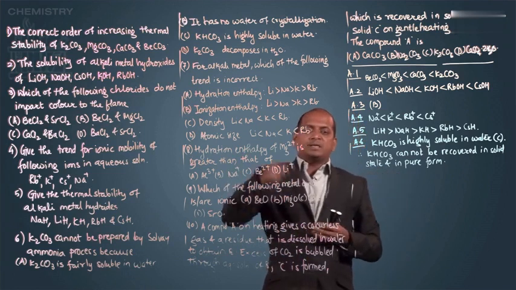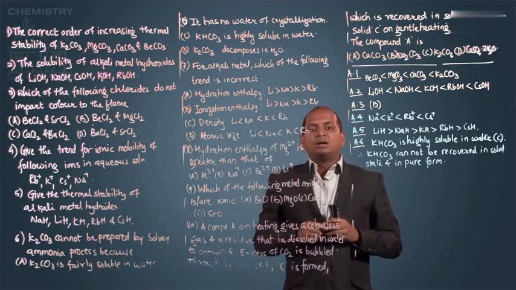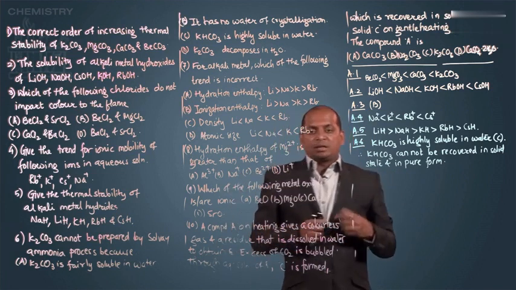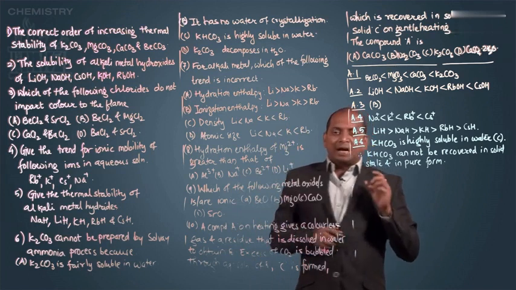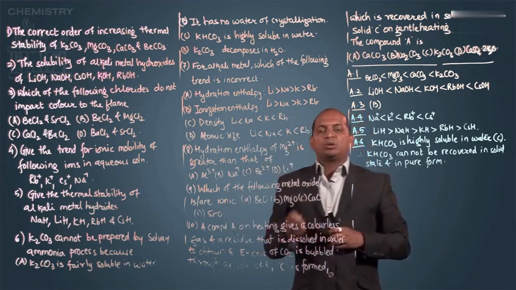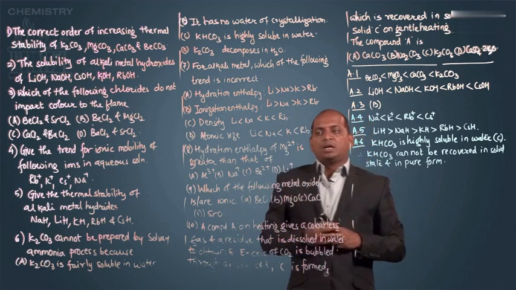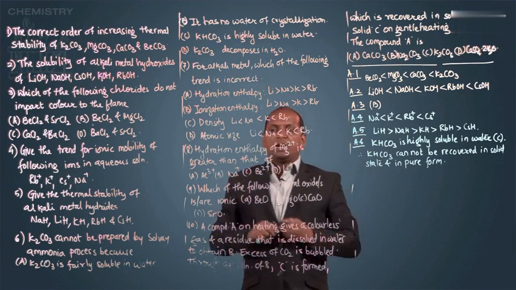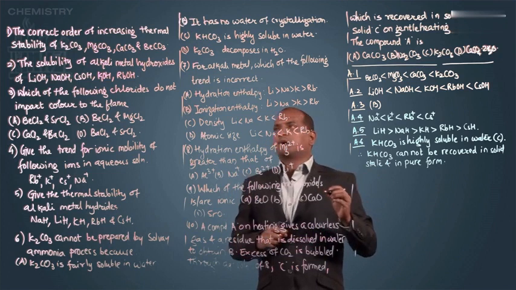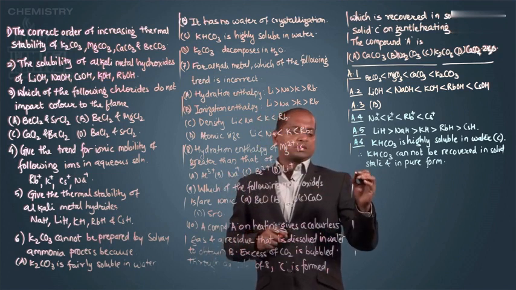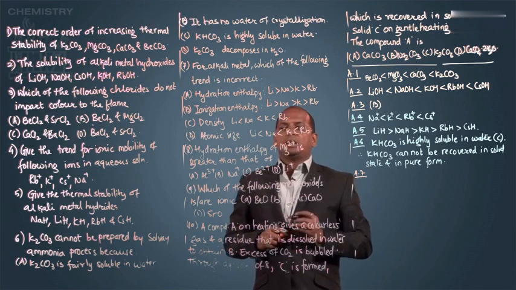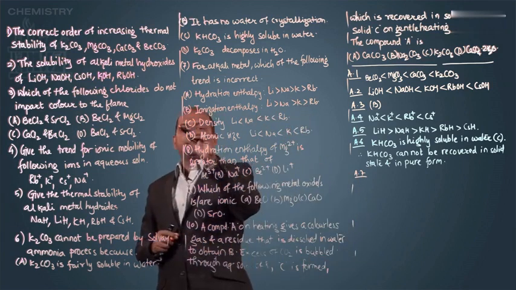So in this case, the general trend must be: lithium atomic mass is small, cesium atomic mass is large, so there must be high density for cesium and low density for lithium. It is true up to sodium. Okay, here the incorrect answer is density.